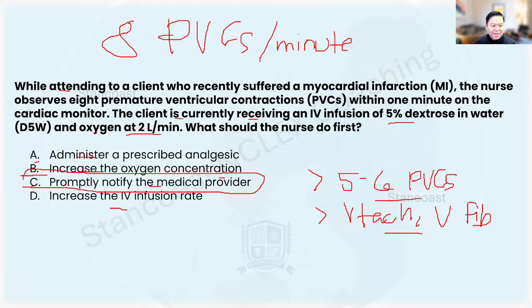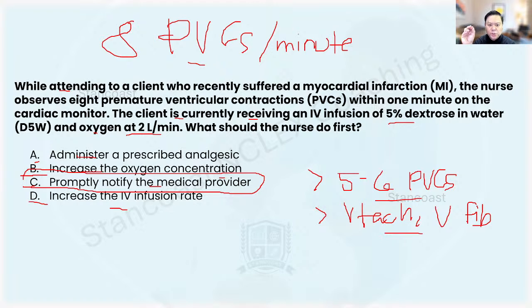What about letter D? Increase the IV infusion rate. Will that help? No, it will not be able to address the premature ventricular contractions, because with 8 PVCs already, there is already that predisposition that the patient will convert into VTAC and V-fibrillation, okay?